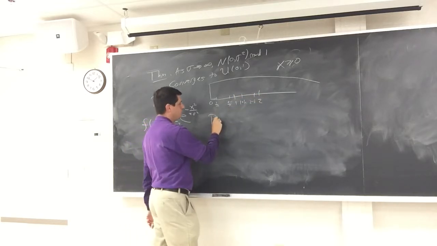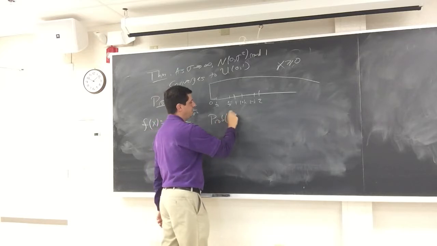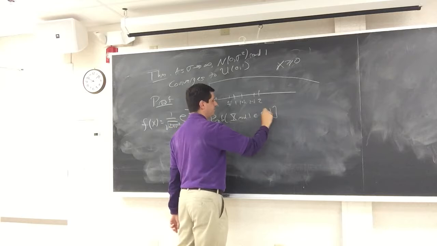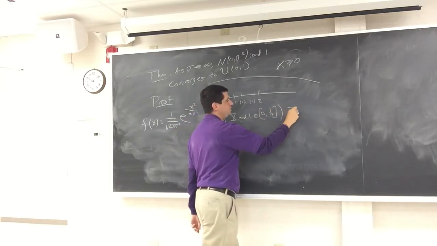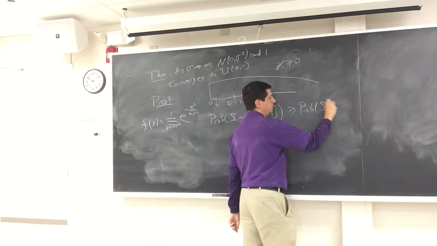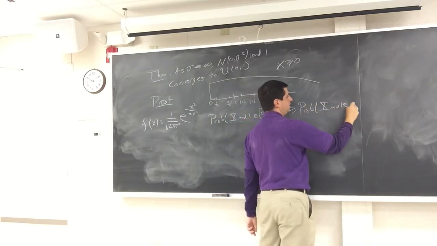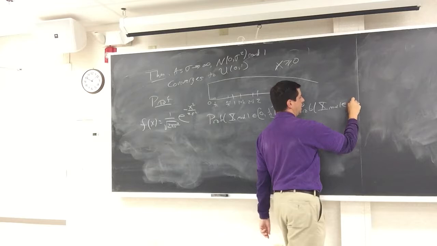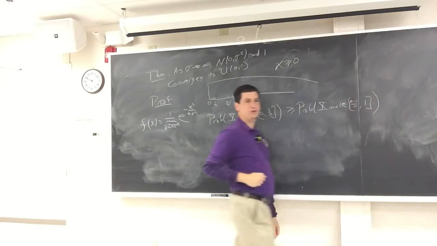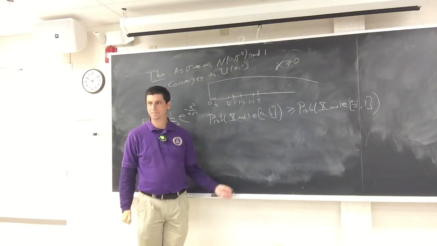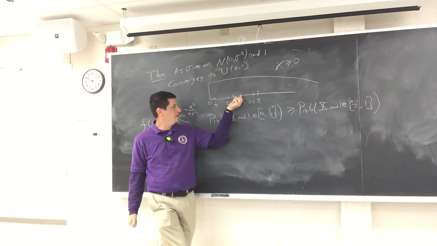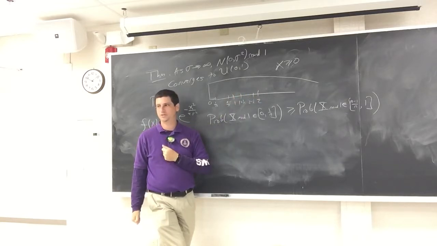So the probability that x mod 1 is in 0, 1 over n is going to be greater than or equal to the probability x mod 1 is in n minus 1 over n to 1. Do we all agree on that? Because this beats this because the probability is decreasing. This beats this because the probability is decreasing.